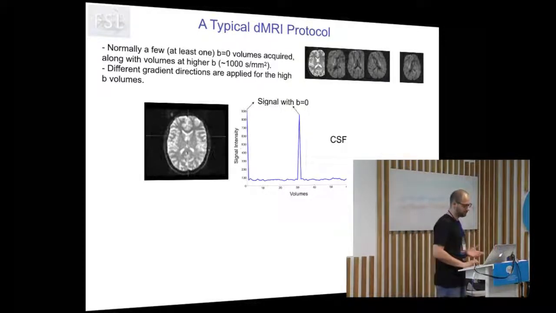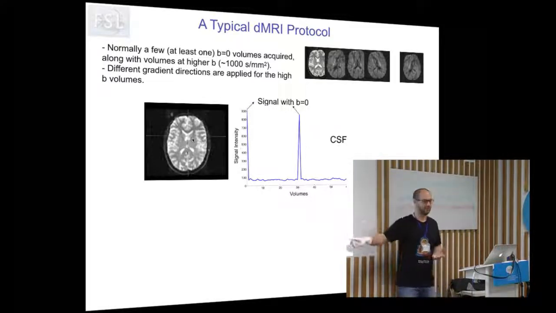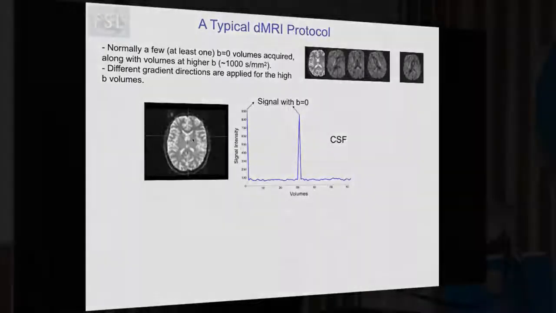If you now consider a single voxel, so on the crosshair, on the axial slice on the left-hand side, this is what you're going to get. In respect to fMRI, or to a typical EEG acquisition, on the x-axis, you don't have time. So it's not the signal profile that varies with time, but it's the signal profile that varies with volume.